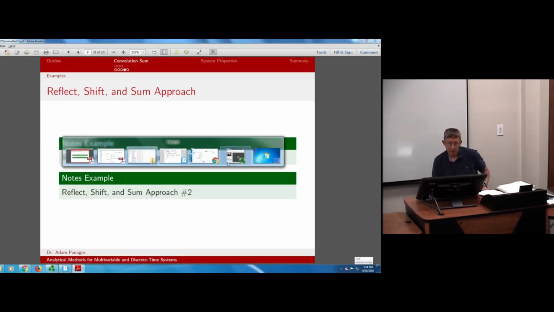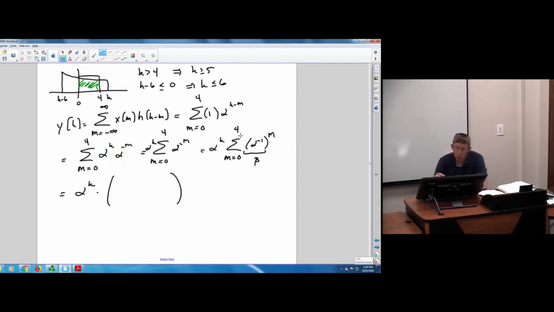So for us, it's to the 4. So it's alpha to the minus 1 to the 5 minus 1 over alpha to the minus 1 minus 1. It's kind of ugly. This is not a pretty answer, but it's still a signal. It's a function of k. And the values of k this is valid for are k equal 5 and 6. Are we getting there?